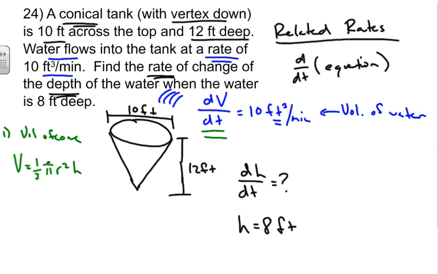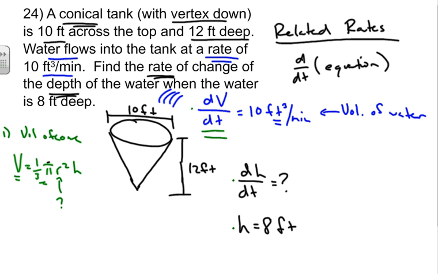When I take the derivative, we have the volume, how it changes, given by that. 1/3 pi is a constant, so we don't have to worry about it. r is the radius, so how r changes. Well, we don't know how r changes, so this is an unknown. And h, we're given h, and we have to find dh/dt, so this is another one. So r is an unknown, a variable that does change, but we don't know much about it.